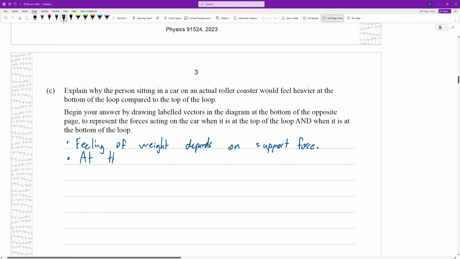At the bottom, let's use S for support force. The support force is greater than the weight force for Fc, for the centripetal force to act inwards.